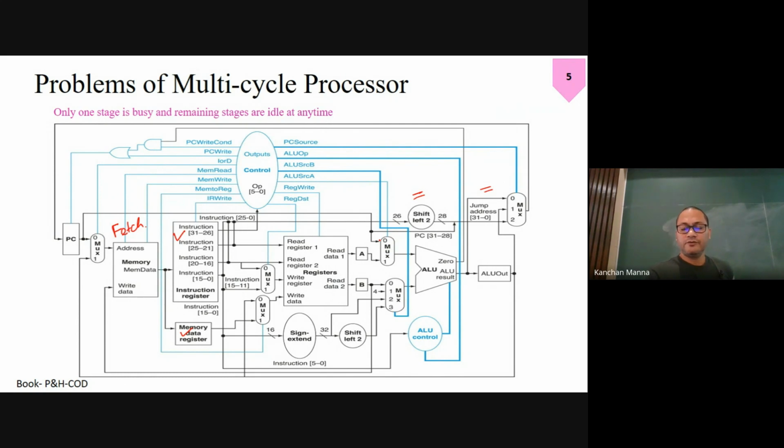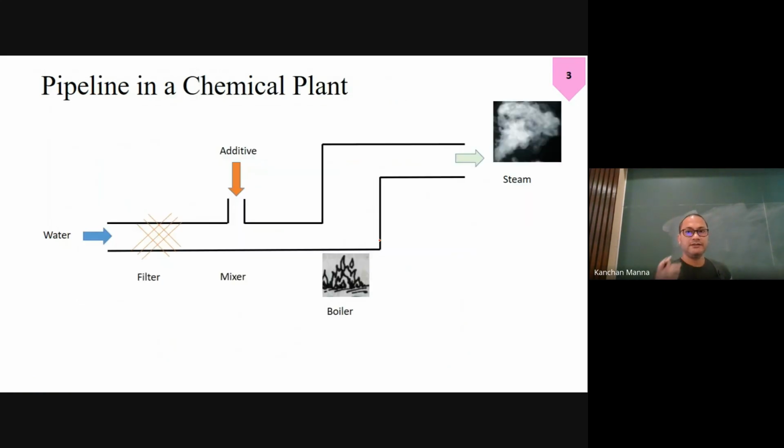Before that, let's look at one example, a chemical plant. Here you can see this is the input side and this is your output side. On the input side, water is coming, and this is the pipeline.